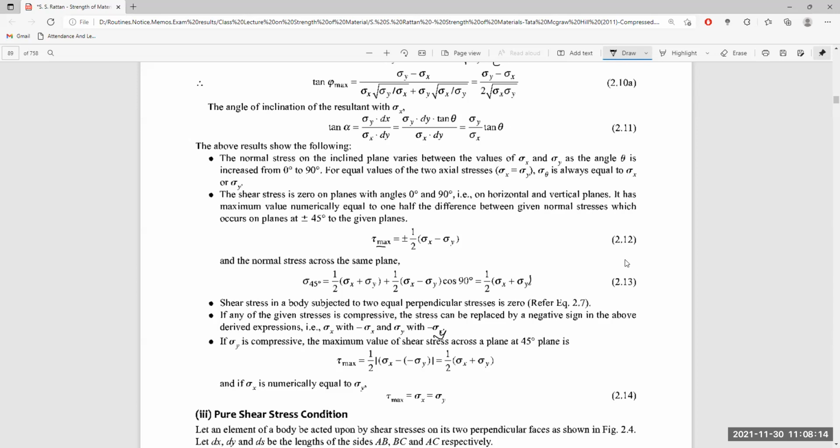If sigma y is compressive, the maximum value of shear stress across the plane at 45 degrees will be half sigma x minus (minus sigma y), that is, half (sigma x plus sigma y). And if sigma x is numerically equal to sigma y, then tau max is equal to sigma x, equal to sigma y.